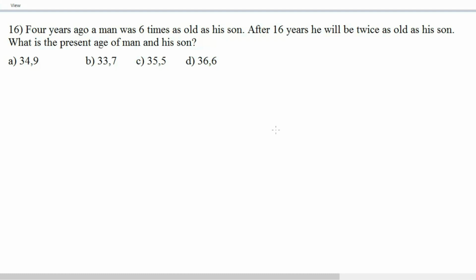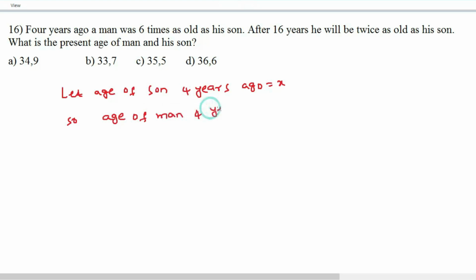Let age of son 4 years ago x. So age of man 4 years ago 6x. Man was 6 times as old as his son.